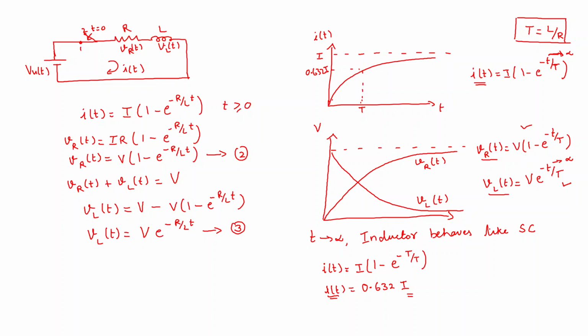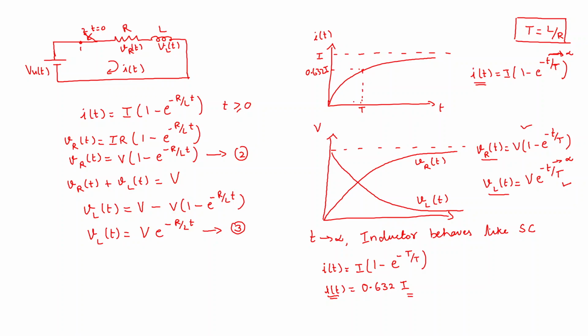Or rather, the time taken by the current to rise to 63.2 percent of the steady state current is the time constant T.